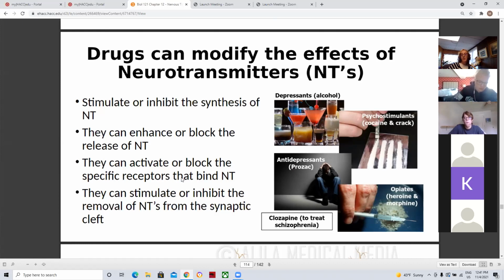They can activate or block receptors that bind to the neurotransmitter. They can stimulate or inhibit the removal of neurotransmitter from the synaptic cleft. So they can cause the neurotransmitter to be removed from the synaptic cleft faster, or keep it around in the synaptic cleft longer.